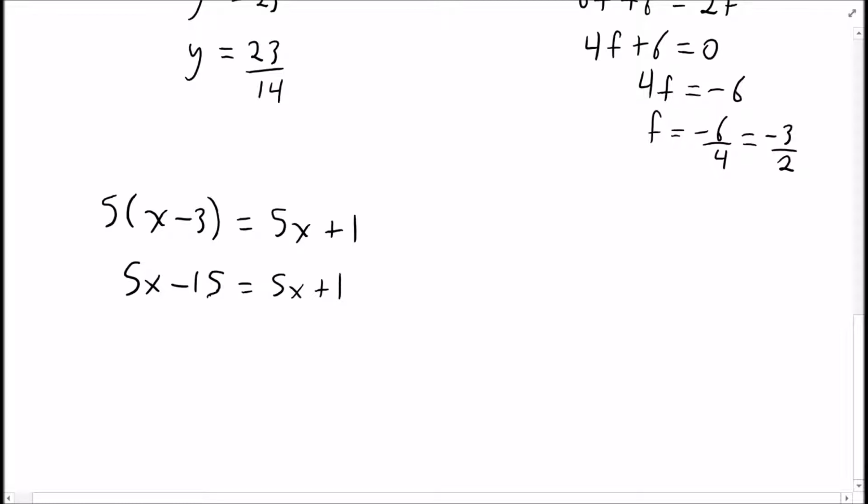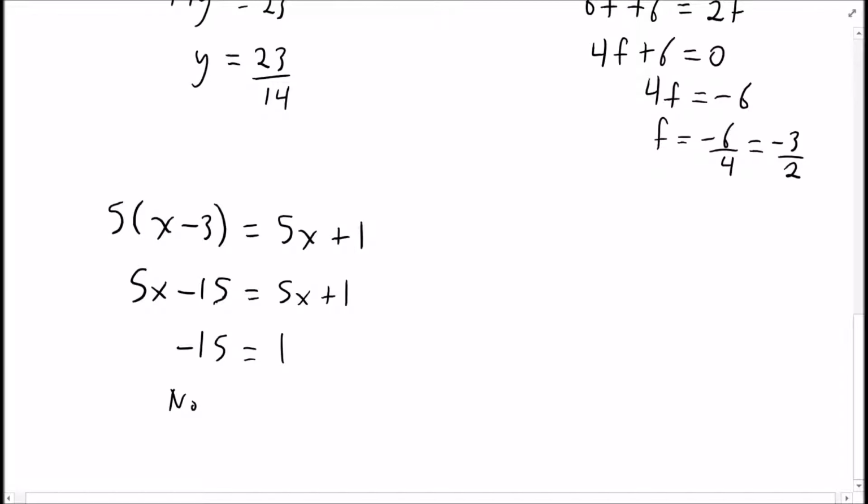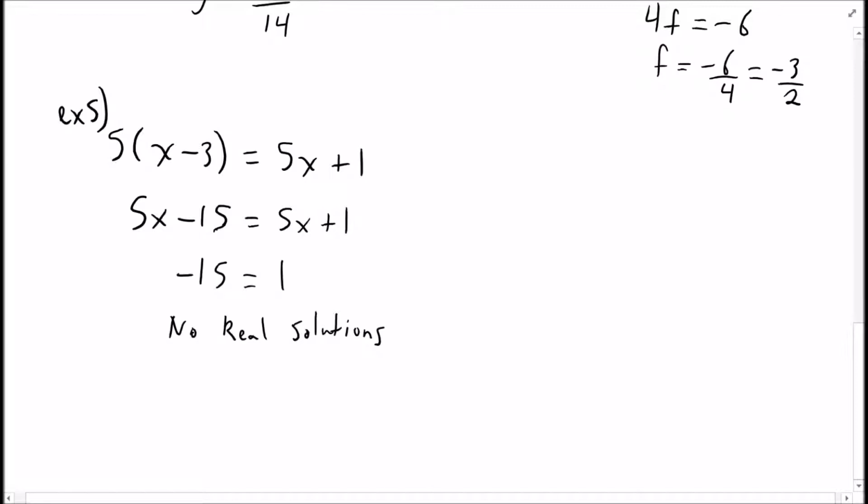Now I'm going to move the 5x from the right hand side over, but when I do that it'll be 5x minus 5x, which is 0. So I end up with negative 15 is equal to 1. And those two things are not equal to each other. So therefore there is no real solutions. And that was example 5.